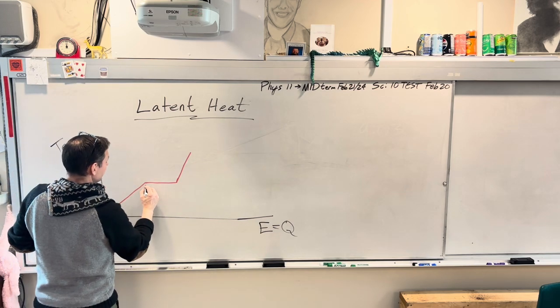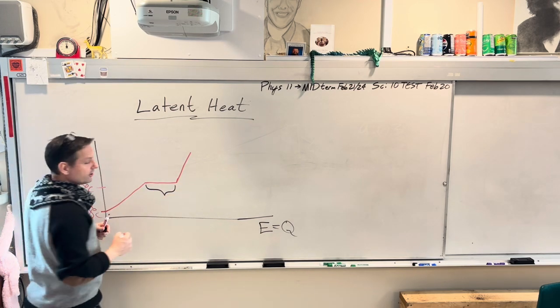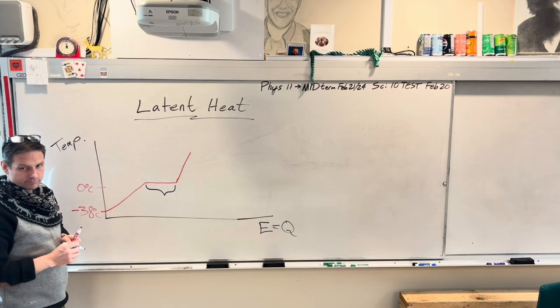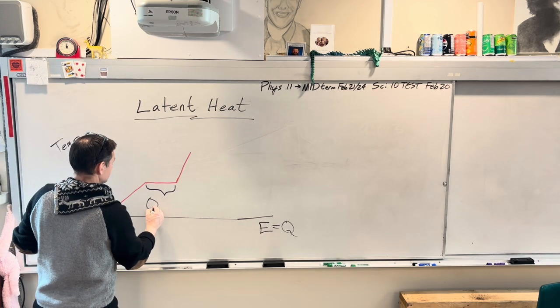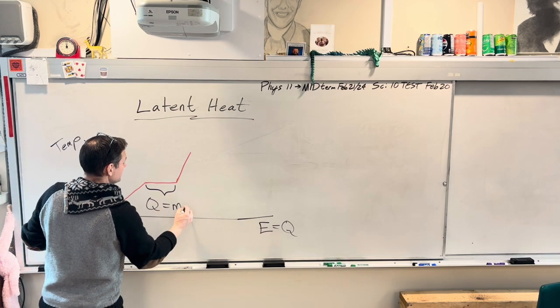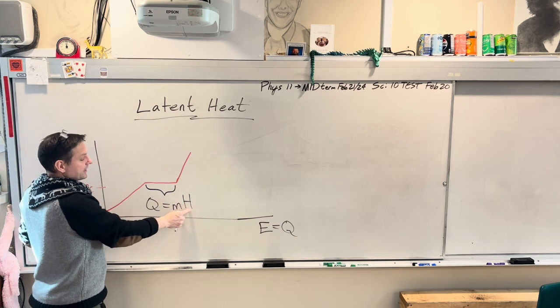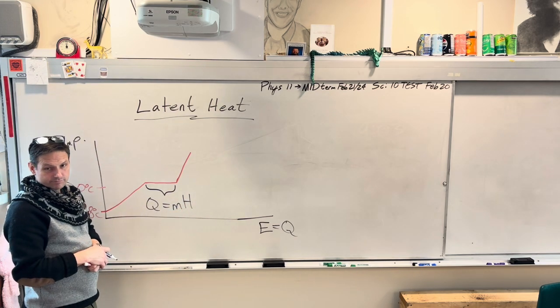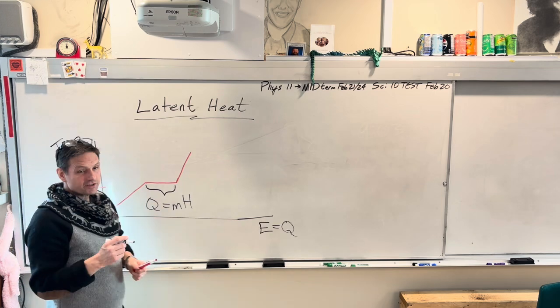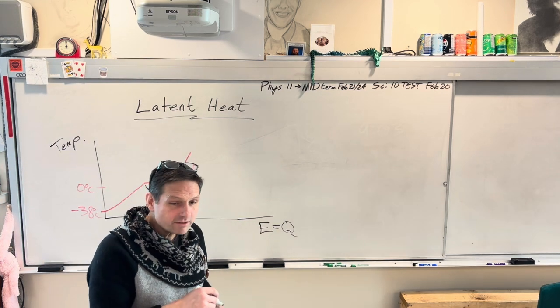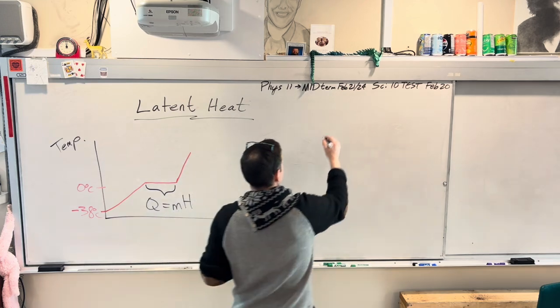This part right here is called latent heat. And you can say it's equal to the mass of the substance times the latent heat. Now there's a heat of fusion and there's a heat of vaporization.